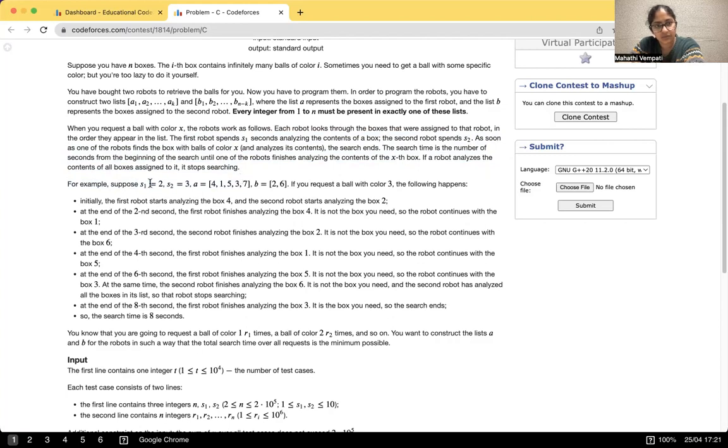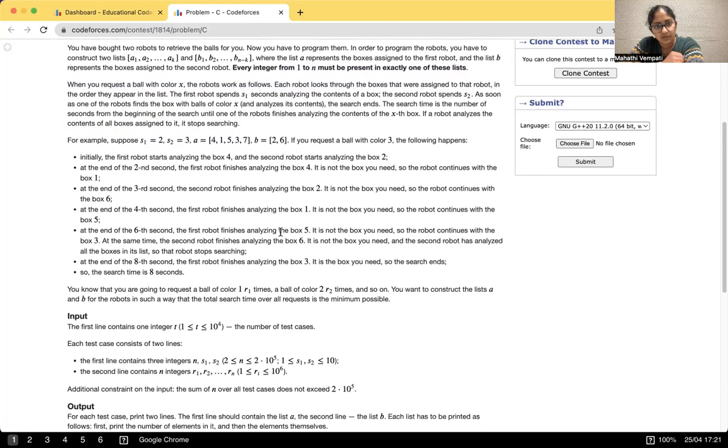Okay, suppose S1 is 2 and S2 is 3, and the list is 4, 1, 5, 3, 7, 2, 6. So you have to partition them. You request a ball with color 3. The following happens.